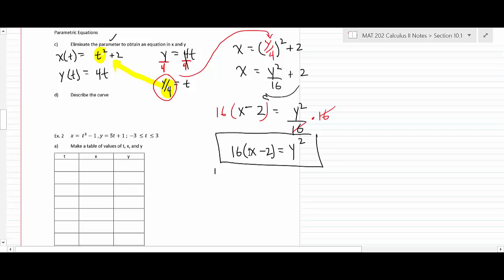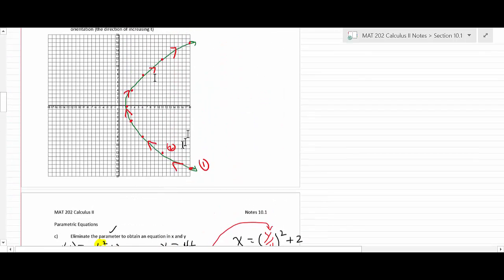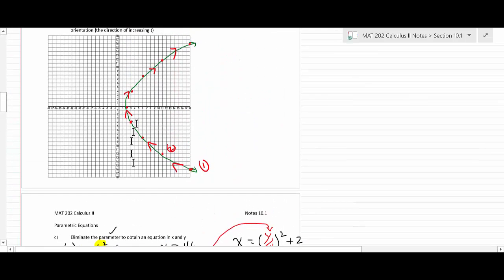Okay, now you guys may have kind of a limited background on what we call conic sections. You do a little bit of this in college algebra. But any time that your equation is quadratic in one variable, then it's a parabola. It could either be x squared and y, or it could be y squared and x. So if it's quadratic in y, that means that it orients itself around the y-axis.